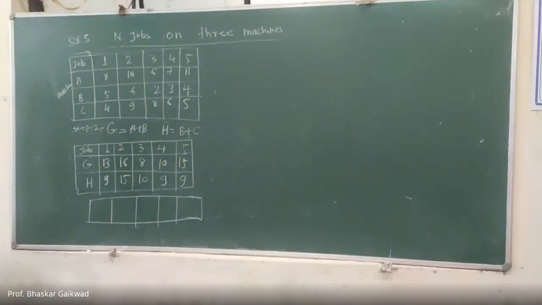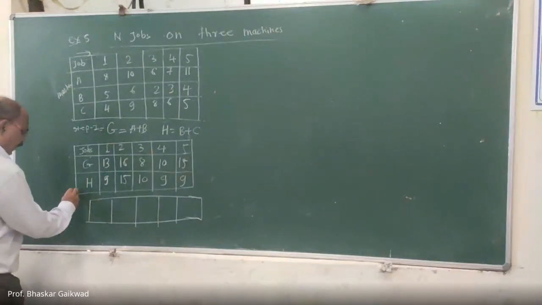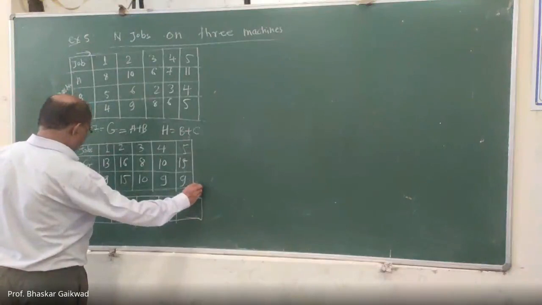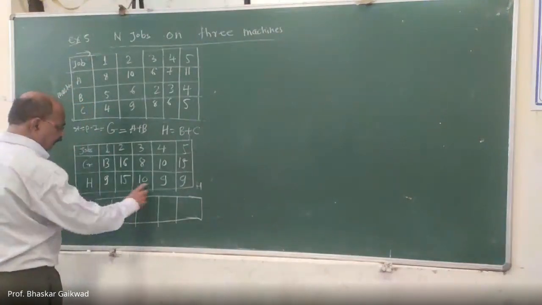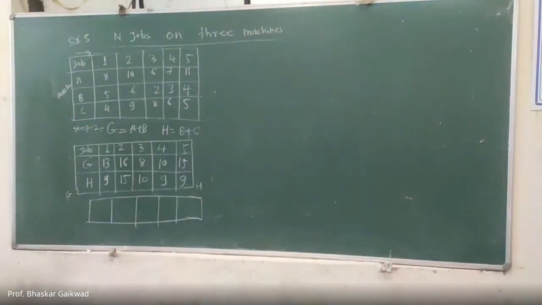Now, here this side we will take G and this side H. Left side G and right side H. So first of all, we have to find out the minimum value. All these values are in hours.